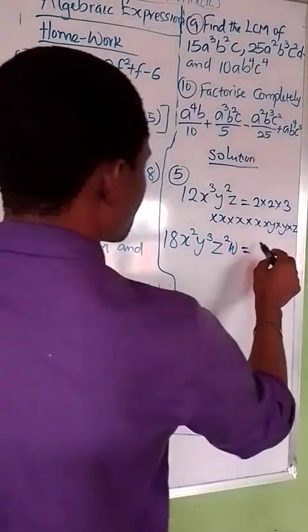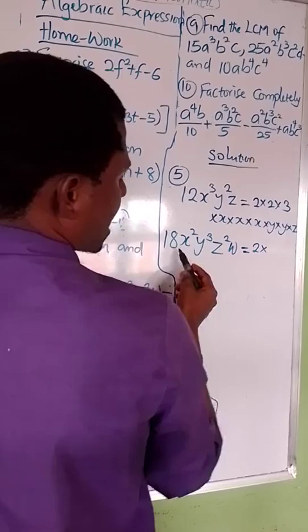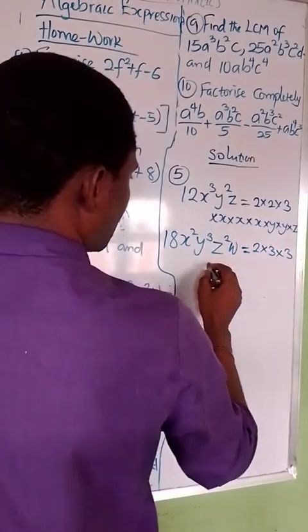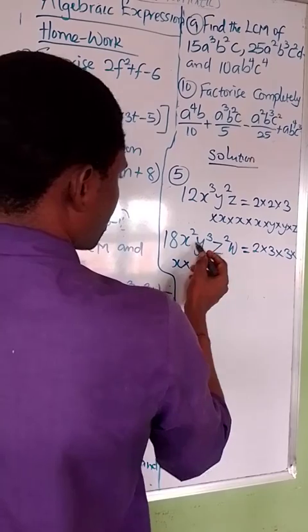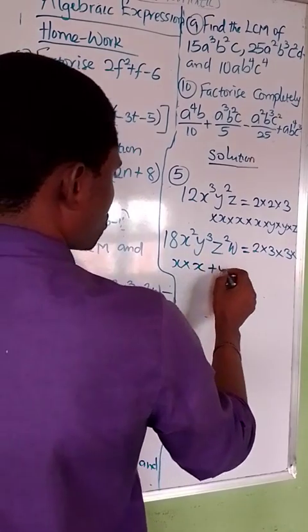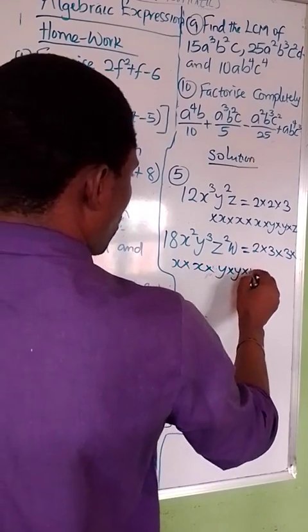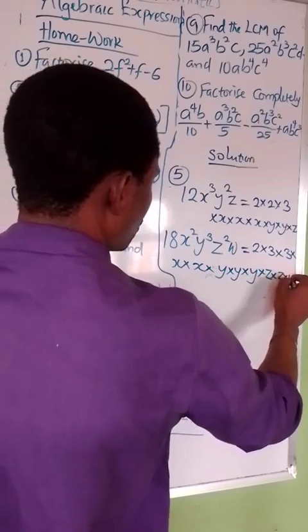So you have 2 times 3 times 3, since 2 times 9 is 18, then times x times x times y times y times y, times 3 times z times z times w.